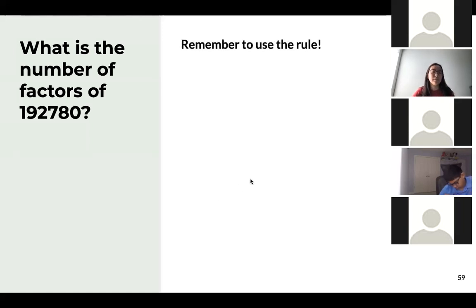Number of factors of 192,780. Here's the prime factorization. That's all right.